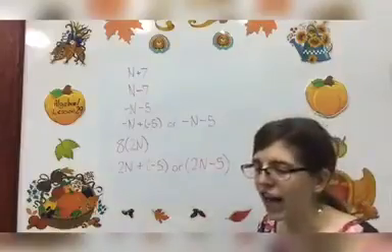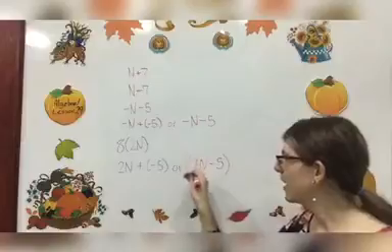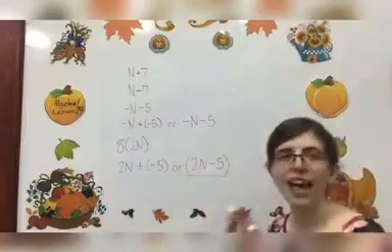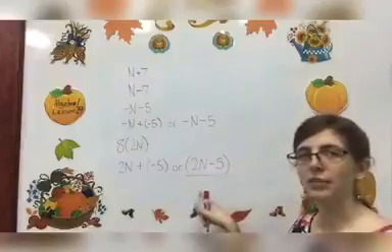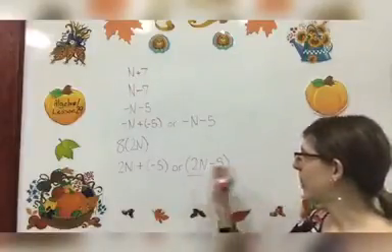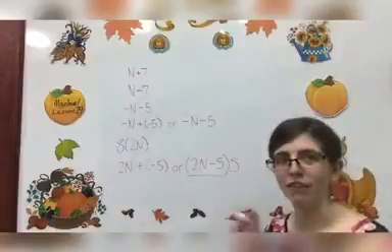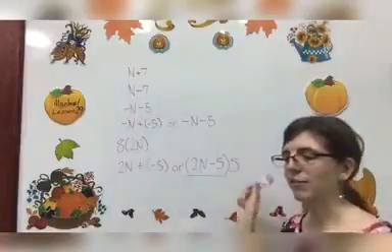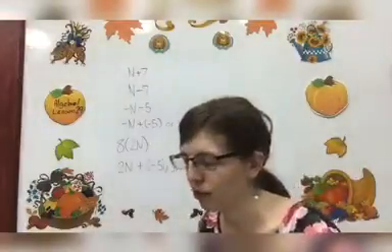It's 5 times the sum. So that means this is the sum here. Whatever this answer is, that's the sum. I want 5 times this sum. I want 5 times this answer. So I have to do this times 5. Okay? Not 5 times 2n. It's 5 times the whole thing because you're multiplying 5 times the sum, 5 times the answer.